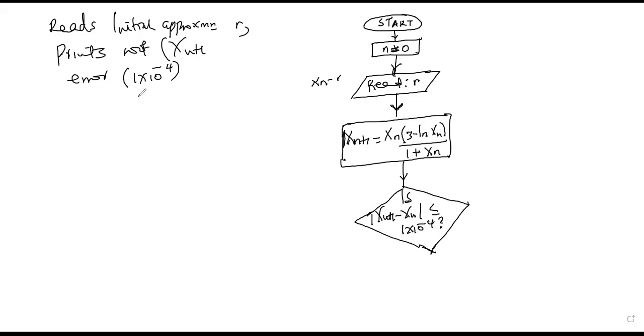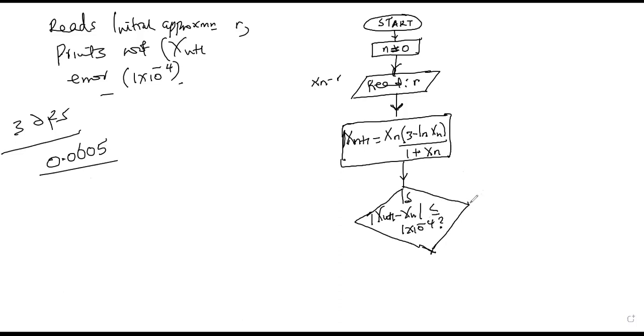In case they have not given you the error in exponential form, sometimes they say 3 decimal places, 4 decimal places. If they say 3 decimal places, in your tolerance box you'll be saying, is it less than or equal to 0.0005? Because you have to get the maximum error. Here you will put the error.